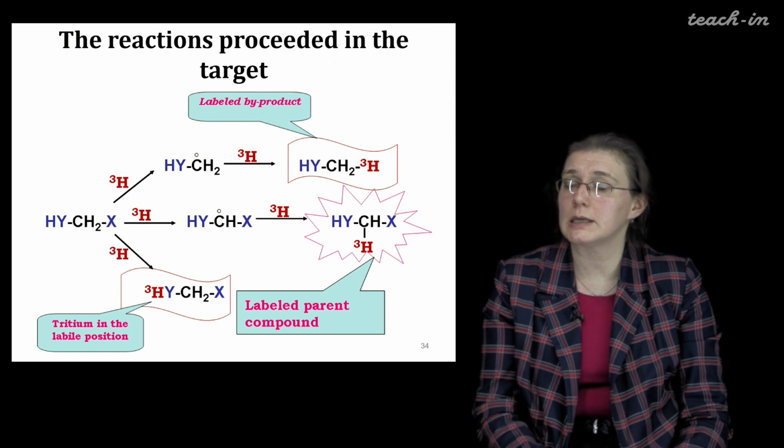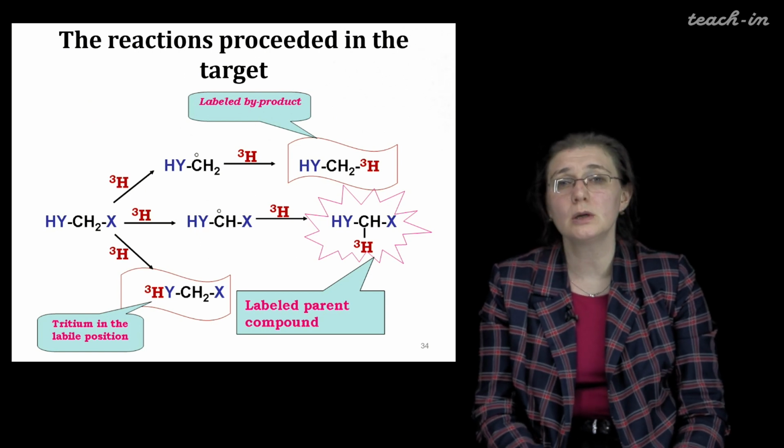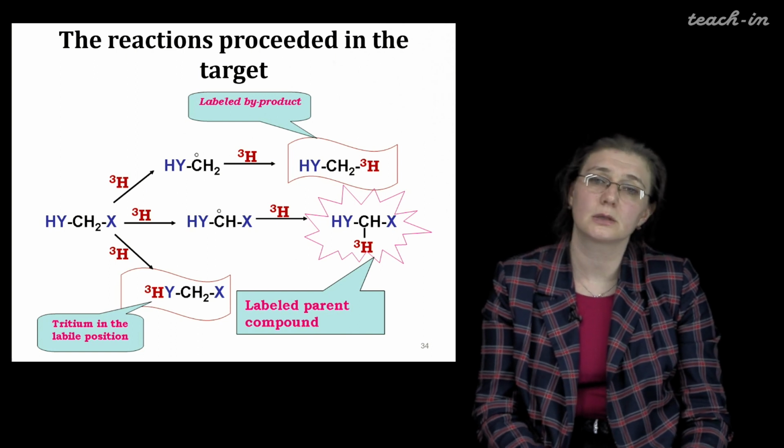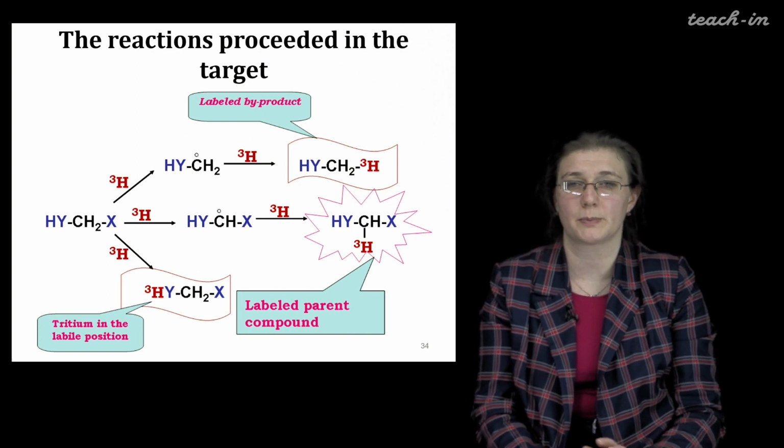And as I told you, tritium atoms can substitute protium in any possible position.